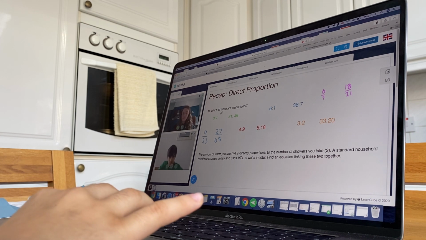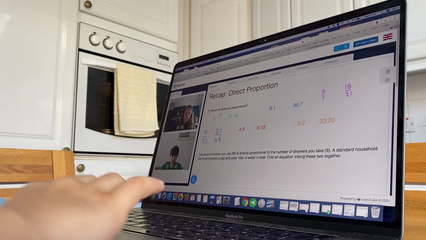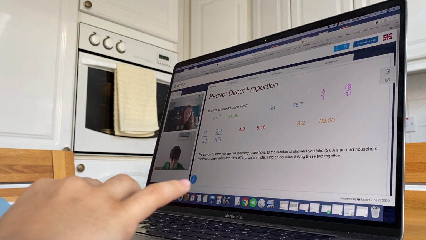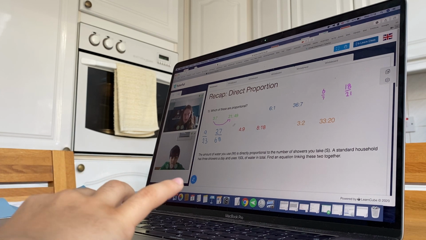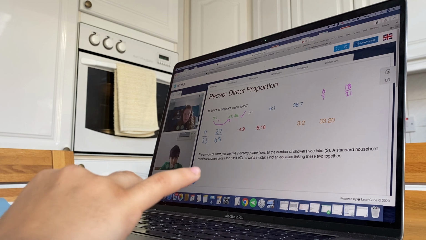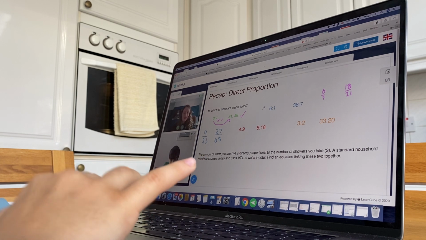They have to be the same number that can be multiplied together. So this one, and this one. They're proportional because there's 7 times between them.